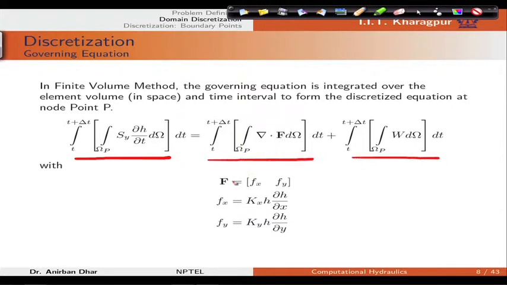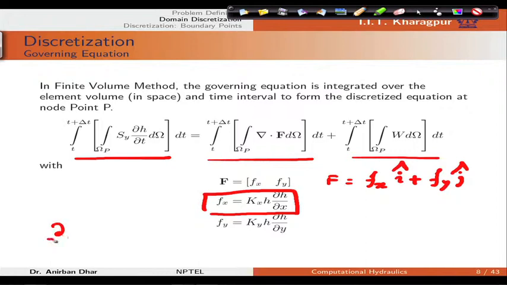This f vector is fx, fy; if we consider it, this is nothing but fx i plus fy j, where i and j are unit vectors in the corresponding x and y directions. So, this is fx, this quantity.